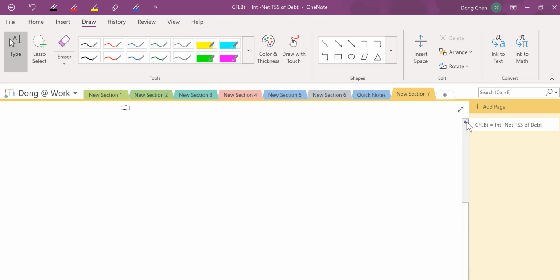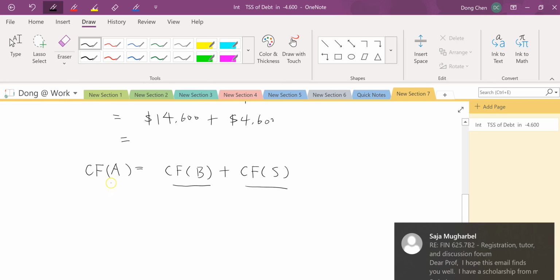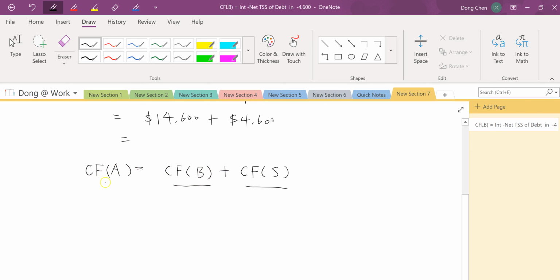So basically what I said earlier is that this cash flow identity is cash flow from assets is equal to cash flow to creditors or bondholders plus cash flow to stockholders. And we already calculated cash flow to creditors and cash flow to stockholders. So these two numbers are known, hence cash flow from assets is known.